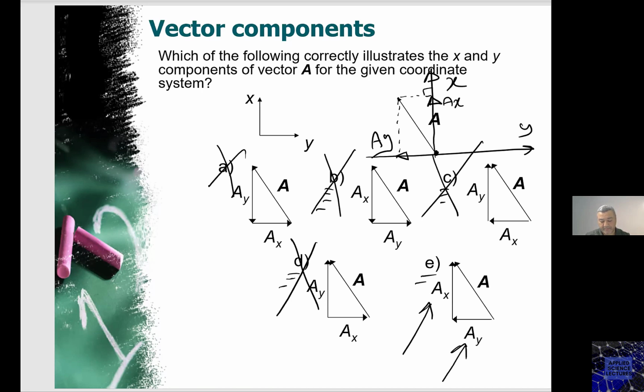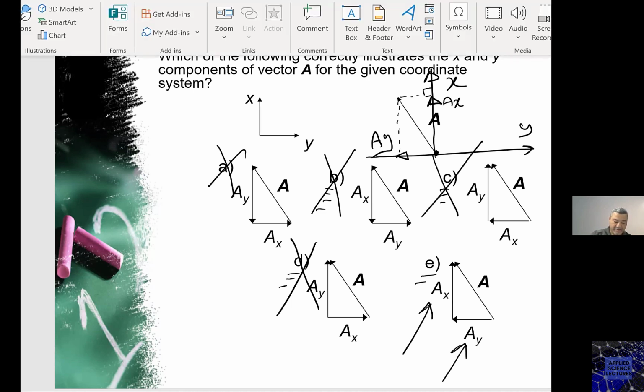Wait, sir, I'm confused. Isn't AY the vertical component and AX the horizontal component? Does this coordinate say that? Look at the coordinates. They're changing from one problem to another. It depends on how you orient them.